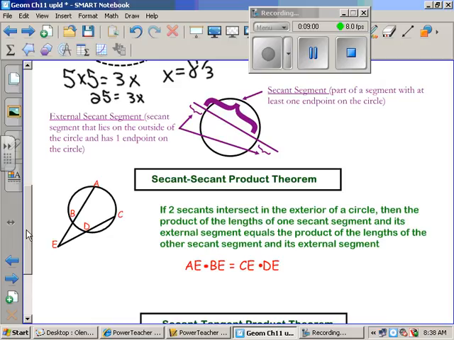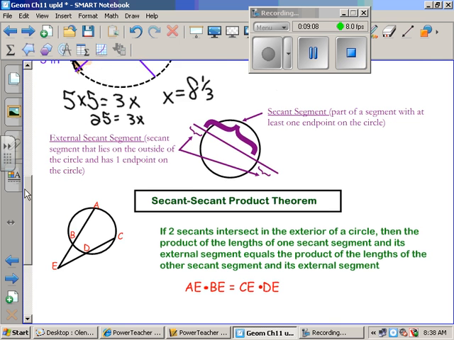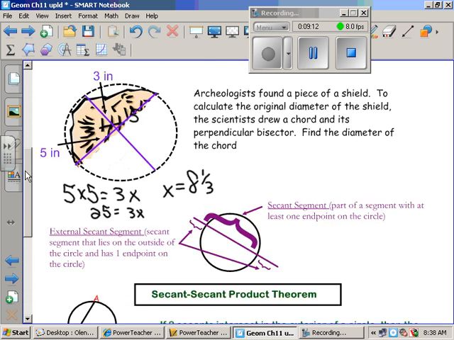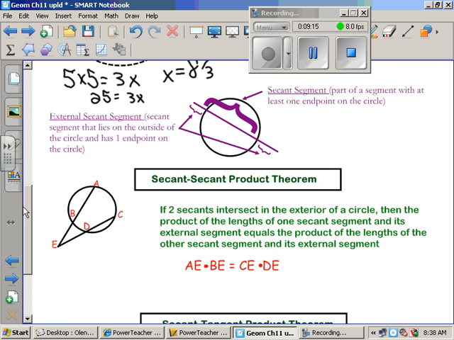So in letters, now this is a hard part for people to remember. In chords, you just took the 2 pieces, right? This piece, this piece, this piece, this piece. But in secants, you use the whole thing times just the outside is equal to this whole secant times just the outside.